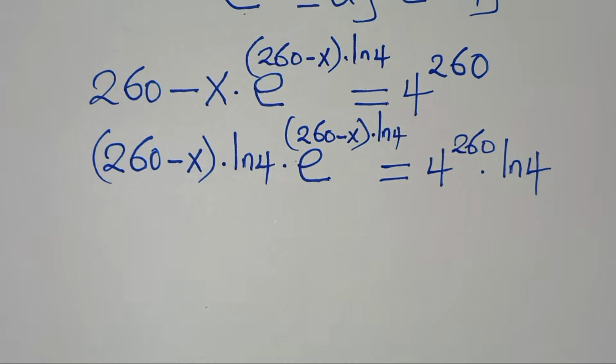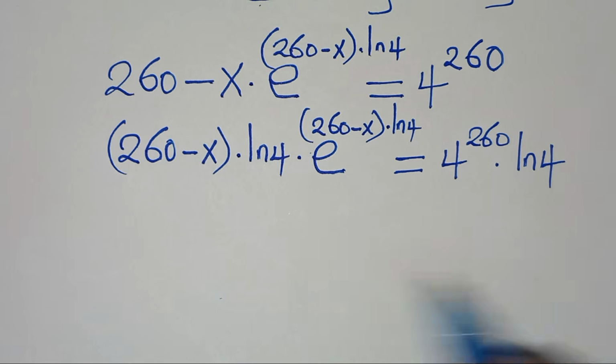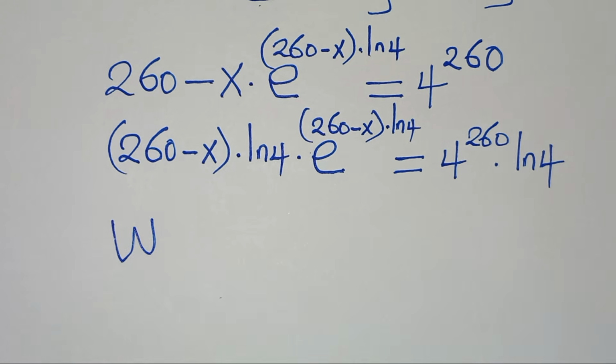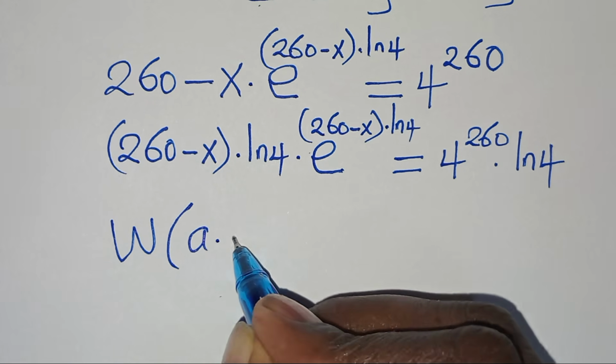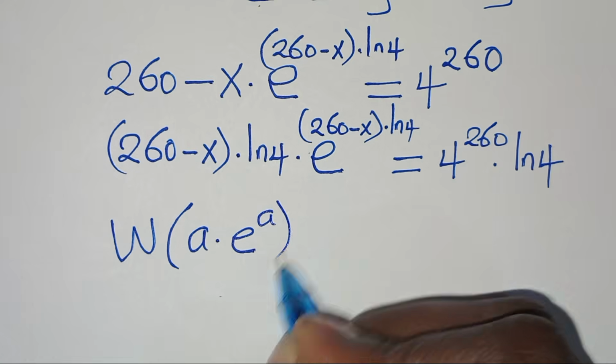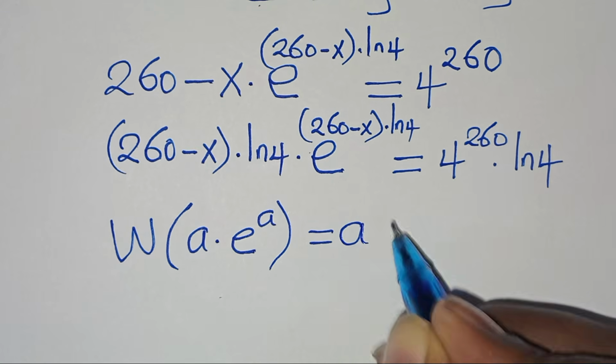Now, in the next step, let's introduce the Lambert W function, which states that the Lambert W function of a multiplied by exponent e to the power of a is the same thing as a.